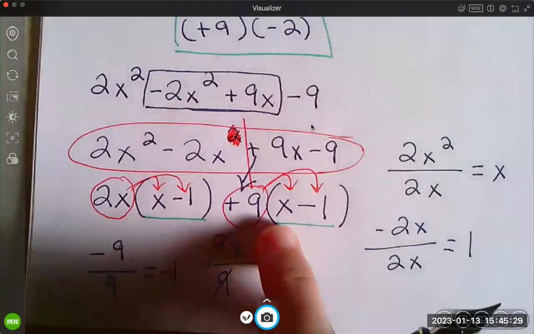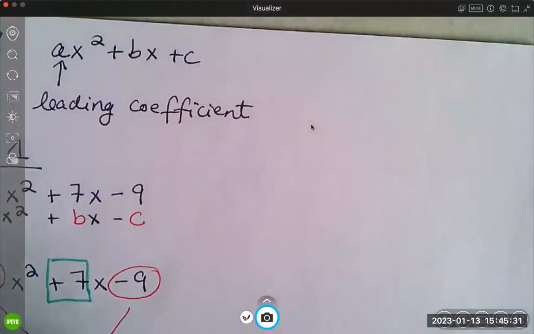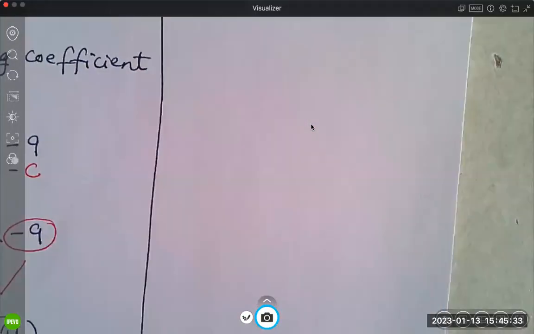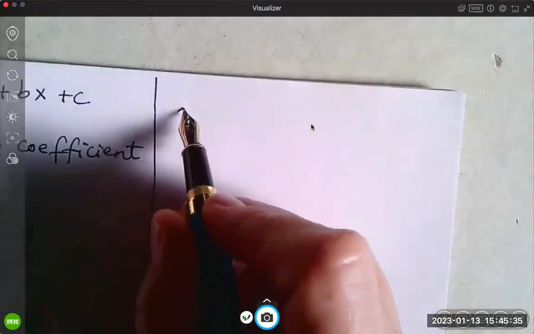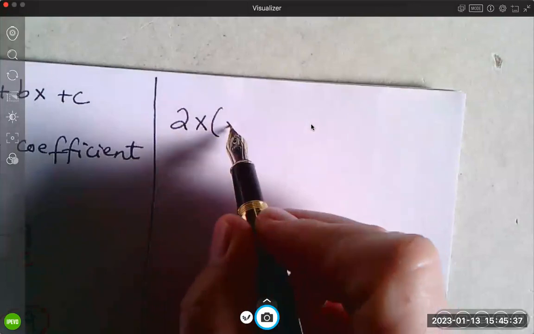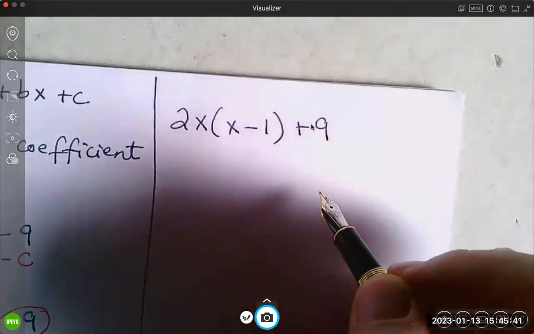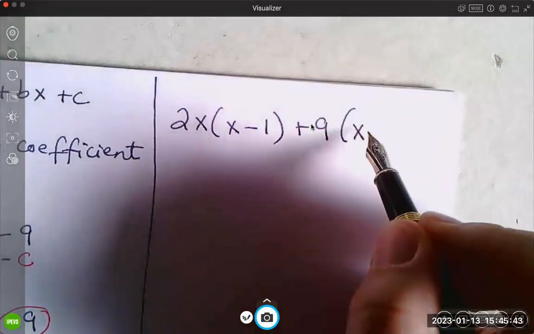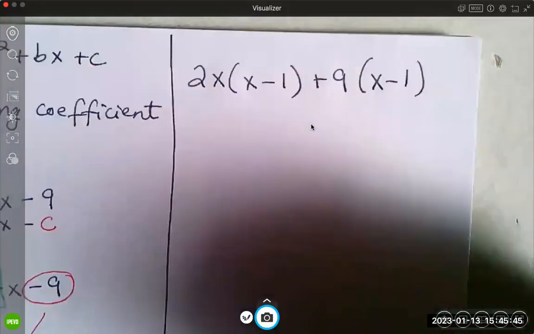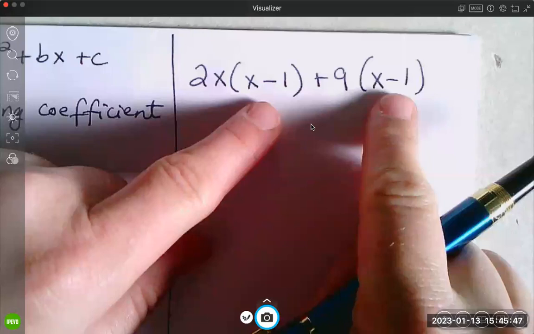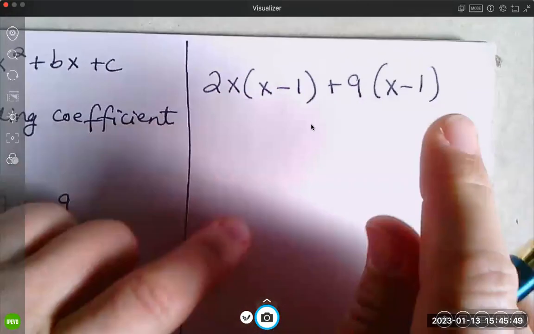So I'm going to recopy this. I left off at 2x(x minus 1) plus 9(x minus 1). Okay, so this is one factor.